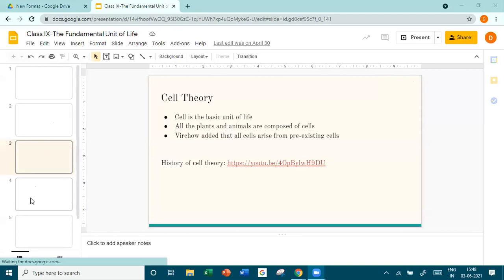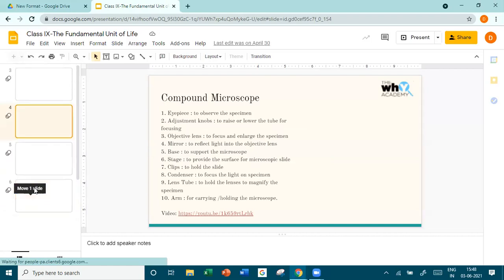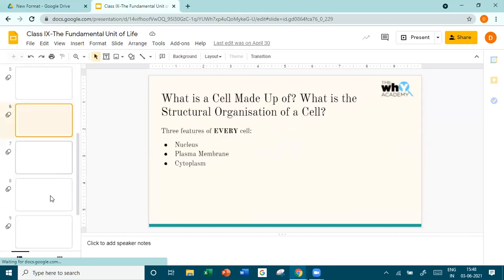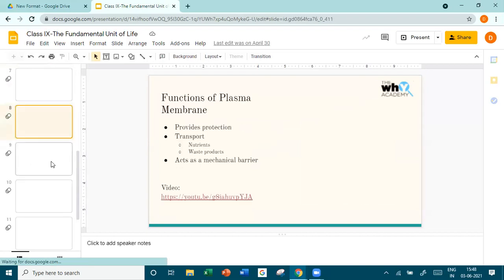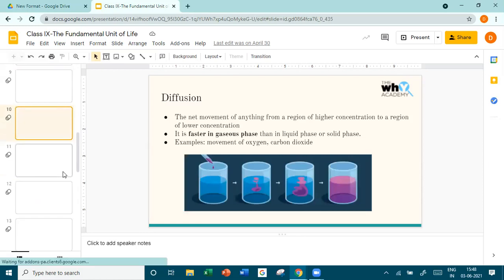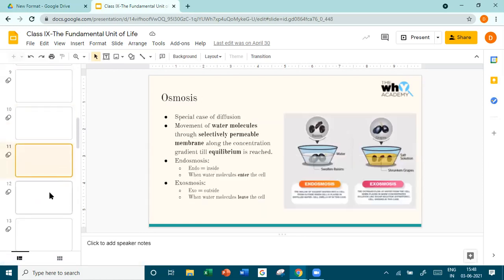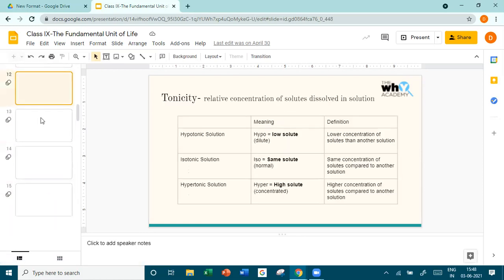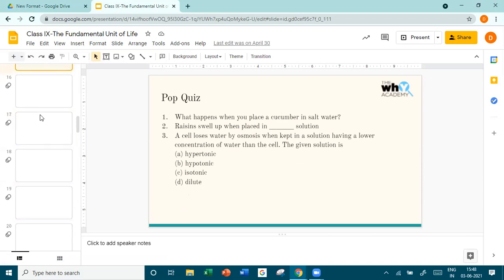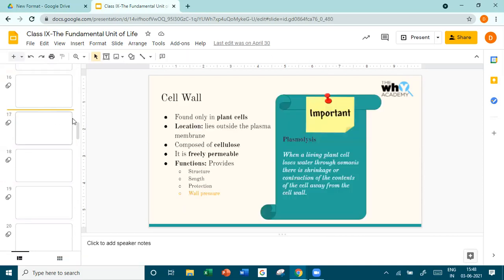Let me just check what is the part till cell wall. Okay, so yes, all this is there, right?